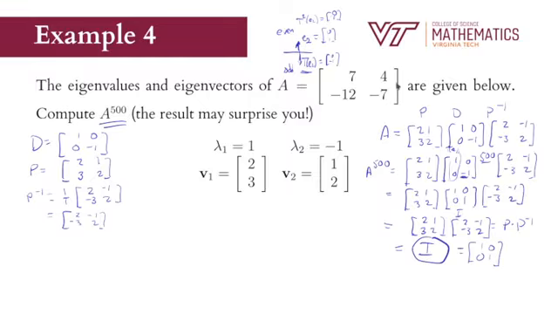It may surprise you, but if we do this matrix 500 times, the result is that E1 ends up back in its original place, and E2 ends up back in its original place. A to the 500 is equal to 1, 0, 0, 1.